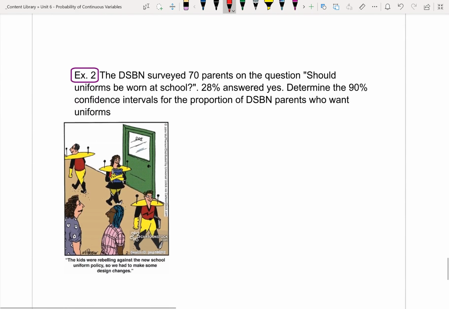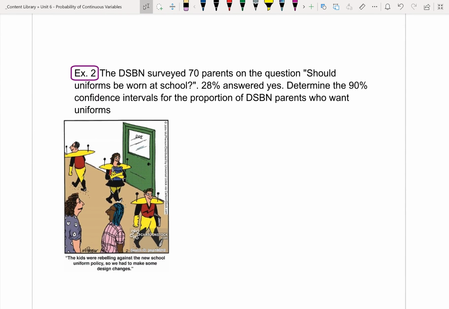So for example, the DSBN surveyed 70 parents on the question, should uniforms be worn at school? 28% answered yes, and I want to determine the 90% confidence intervals for the proportion of DSBN parents who want uniforms. So if I take a look at my question, there's some key information.